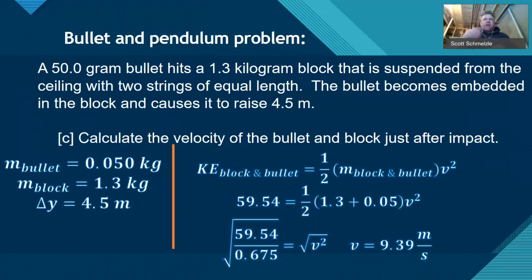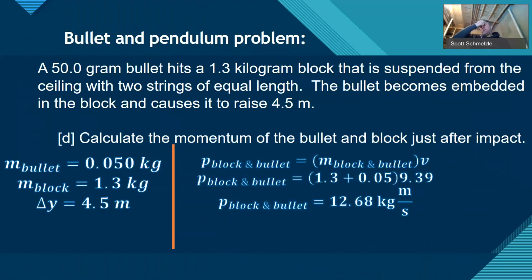We see that just after the impact, so just as soon as this bullet hit, we saw 9.4 meters per second, right? Now, in the beginning, it was going 9.4, but as soon as it reached that apex, it was going 0, right? Because all of the kinetic energy, the energy of motion, was lost, and all the gravitational potential energy, height, was gained, okay? Part D then, calculate the momentum.